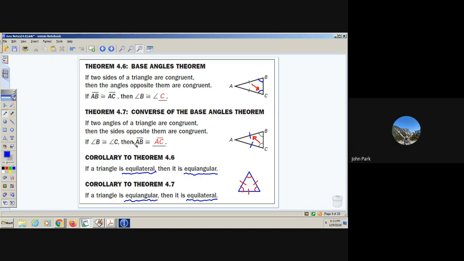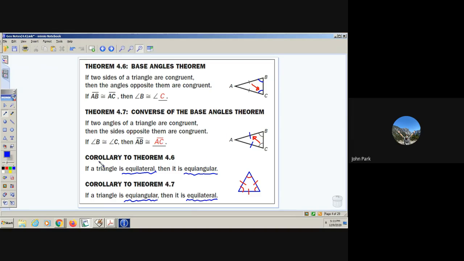So you can start out with the two angles being congruent. If the two angles are congruent, that also tells you that the two sides are going to be congruent. So you can start out with two sides, and that means two angles are congruent, or start with two angles, and that means the two sides are congruent. That's a couple of theorems dealing with isosceles triangles.